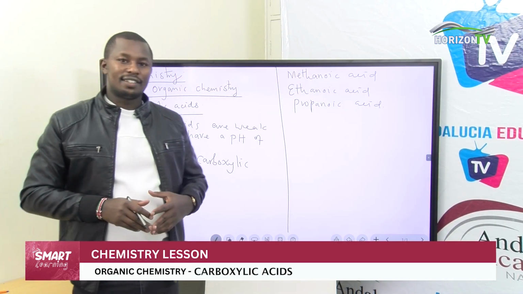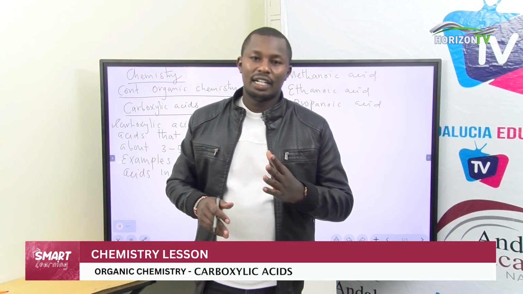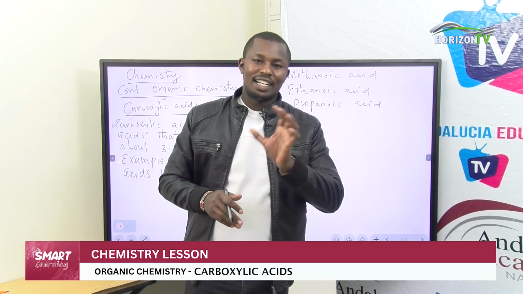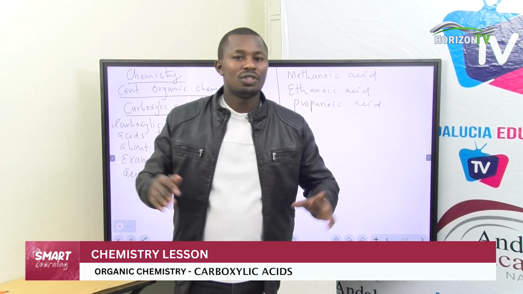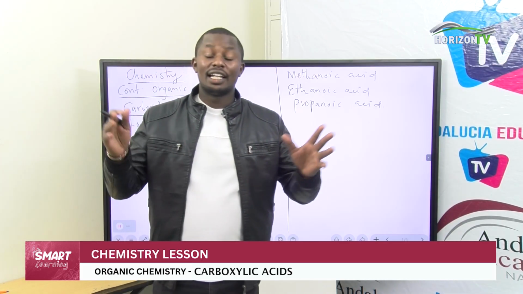All the carboxylic acids have a unique feature in all of them. They have the functional group. The functional group of carboxylic acids is different from alkenes, from alcohols, from esters, and from alkanes.